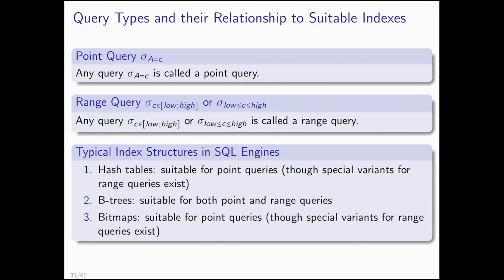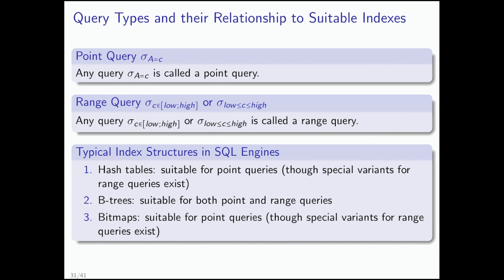Yeah, and in some more detail, the two types of queries we are differentiating in databases are point queries and range queries. A point query is an expression like this. You have an attribute name on the left here, and then there's some sort of constant, like a equals 42 or something like that. That is called a point query.